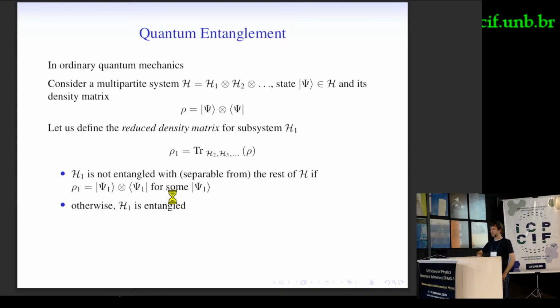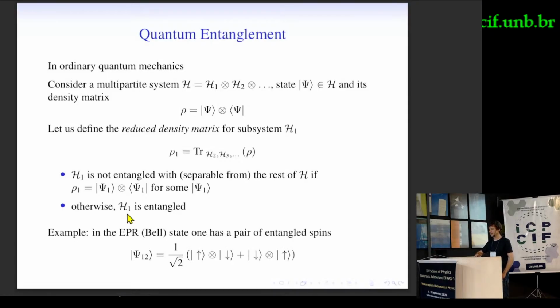So if your reduced density matrix is not a product of any couple of vectors, then you say that your system H1 is entangled, is in an entangled state. And the most famous example or set of examples are the so-called EPR pair or Bell states, right?